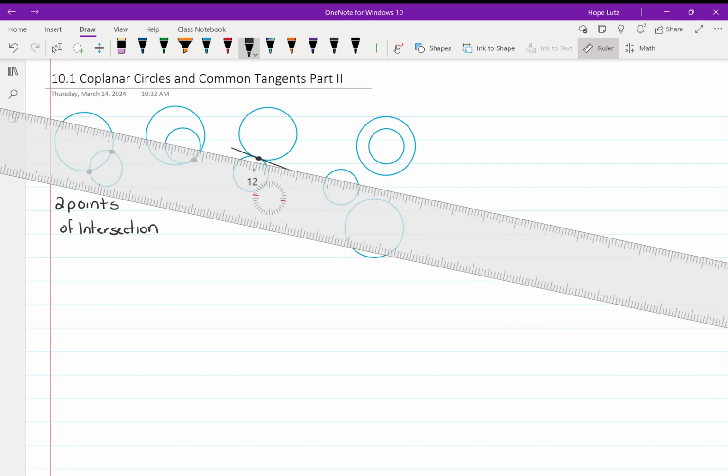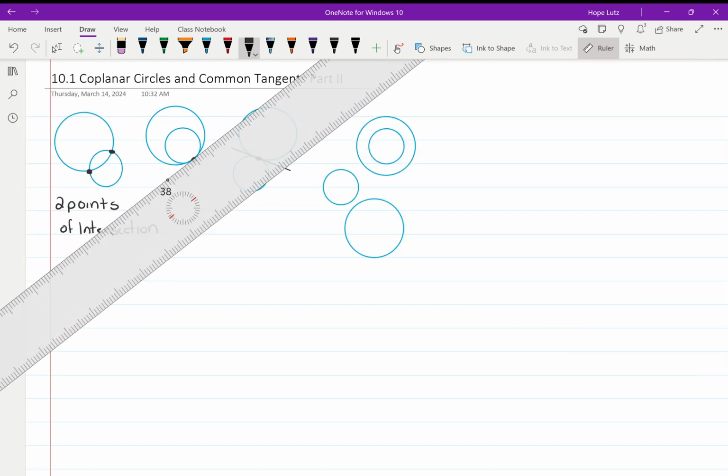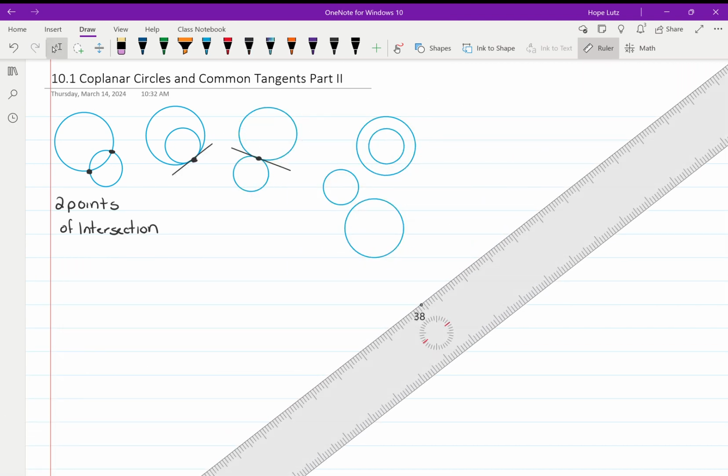So it's actually just hitting at that one point, and this one's called 1 point of intersection. And yesterday when we talked about that, we talked about the word tangent. So these are going to be tangent circles.